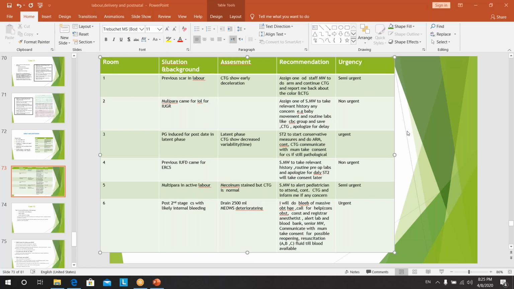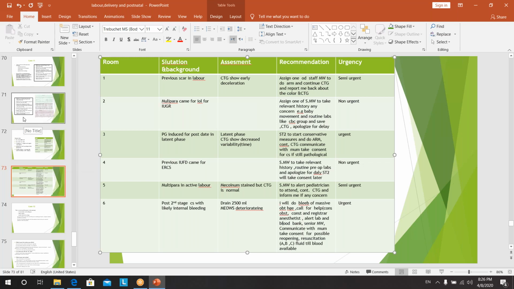Regarding room 3, do we need to consider fetal blood sampling? Room 3, primary gravida, with pathological CTG, and she's still 3 cm. Do we need a fetal blood sample?